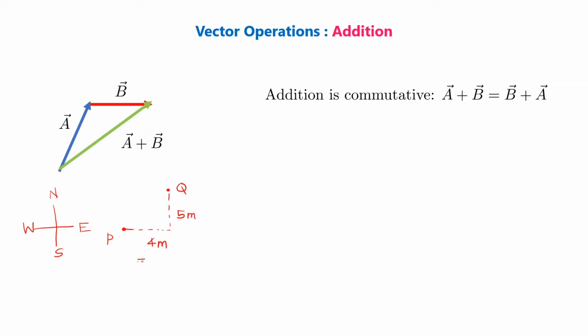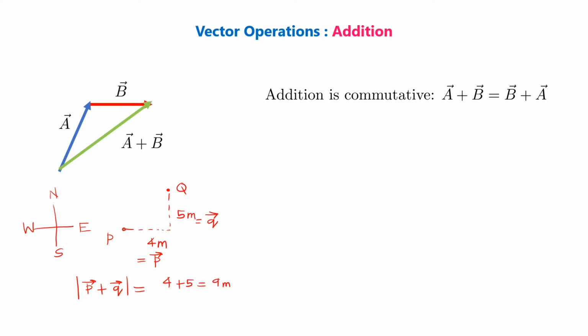So let us assume that this is vector P and this is vector Q. So the total displacement is vector P plus vector Q. This is equal to 4 plus 5, and this is equal to 9 meters.